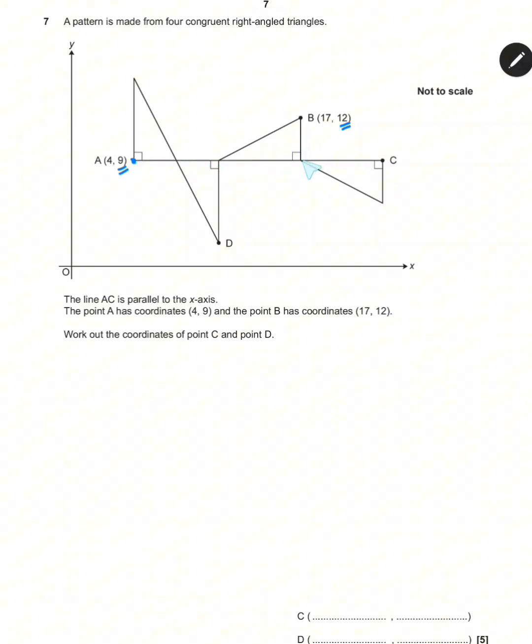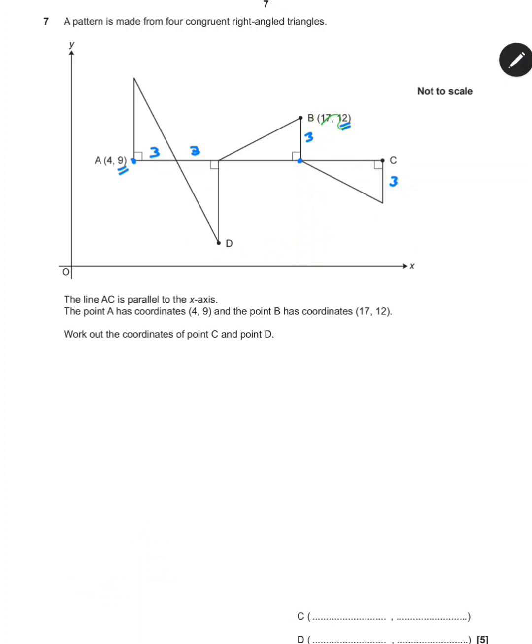And if we go from 9 high up to 12 high, then we know that this distance must be 3, the difference between 9 and 12. So what I'm going to do is mark 3 anywhere I see the bottom of one of these triangles. So that's 3. And that's 3. The triangle is 3 across at the bottom.